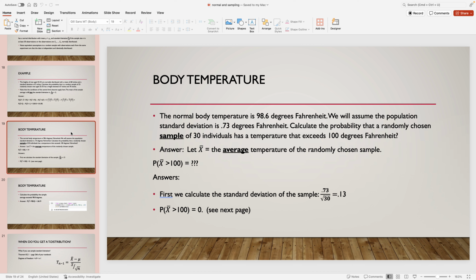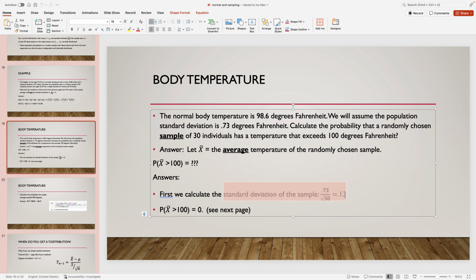So this is the sample average temperature for 30 individuals. What's the average temperature? And what's the probability that in a sample it exceeds 100 degrees? So the first thing to do when you're doing this type of problem is to calculate the standard deviation. So here it's 0.13.